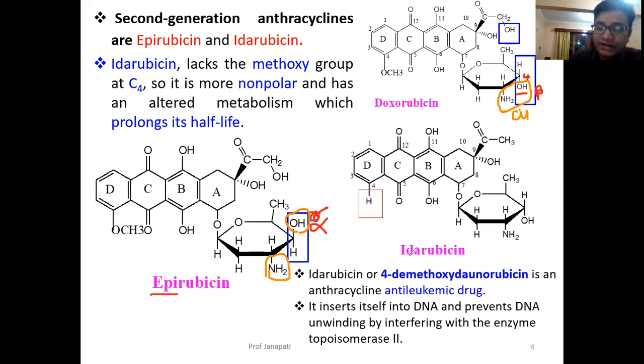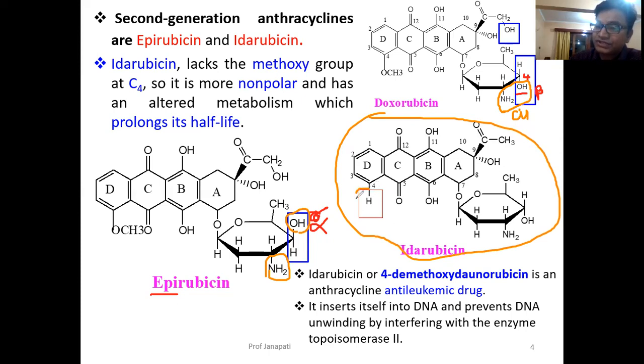Now, what is the difference between idarubicin and doxorubicin? We can tell by seeing the structure. This is idarubicin. Check the ninth position. It has an acetyl group, not a hydroxyacetyl group, so it is a derivative of daunorubicin. What is the difference?